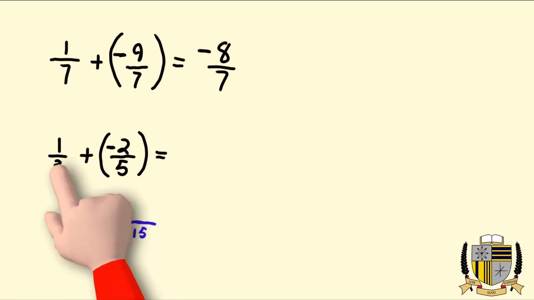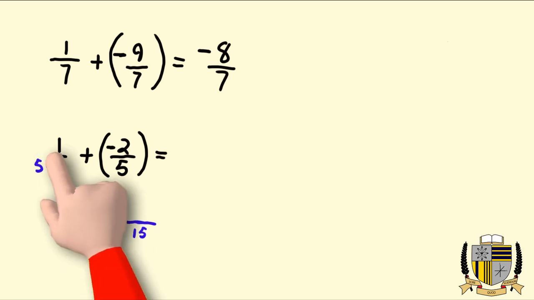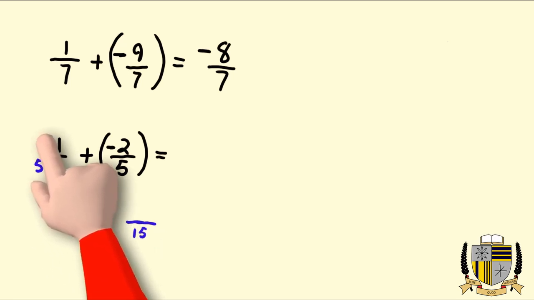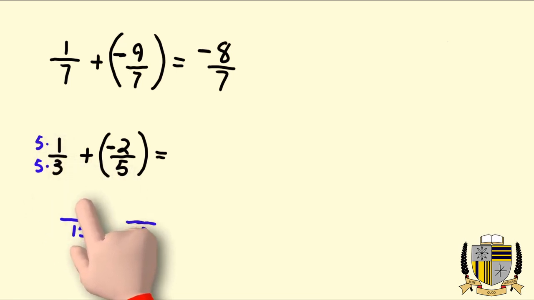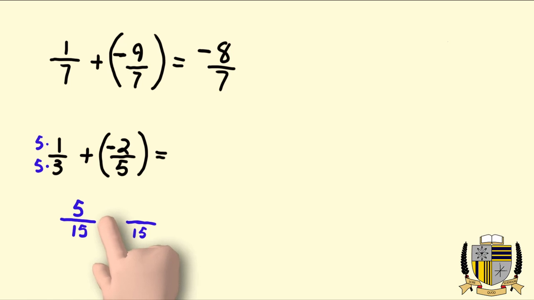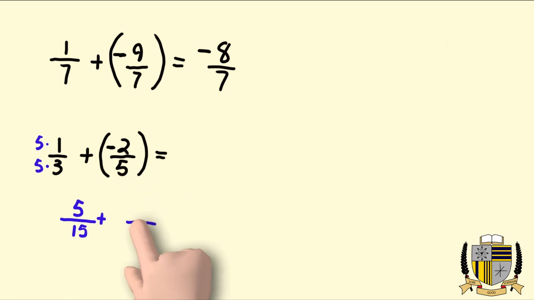And so now I'm going to say to myself, what do I multiply this 3 by to get this 15, right? So I know 3 times 5 is 15, but if I multiply down here by 5, I have to multiply up here by 5. So this is our new fraction. Here's our plus sign. This 5, how do I get from this 5 to 15?